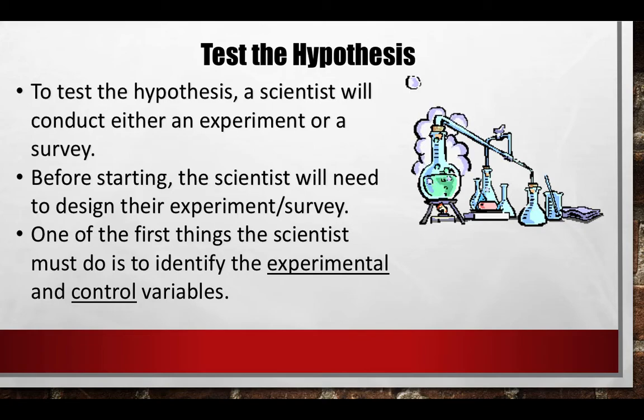But then for the experiment itself, we have experimental variables and we have control variables. So these are two things that you need to keep separate from independent and dependent. So you have independent and dependent variables, which we talked about and which we'll talk about in class, and we'll work with some examples. And then we have experimental and control variables that we will pay attention to as we develop our experiment.